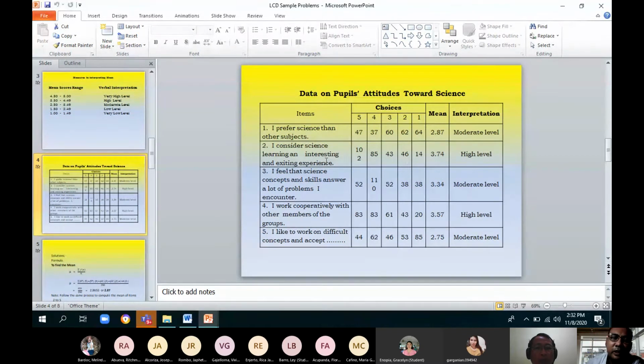What we are going to do is add: 47, 37, 60, 62, and 64. Divided by 5. So, correct, 2.87.